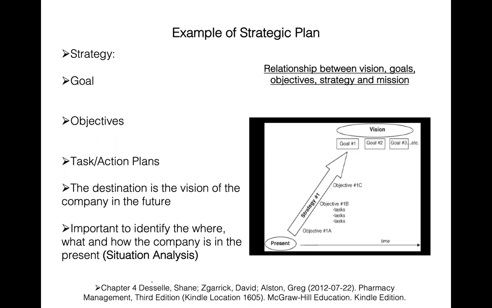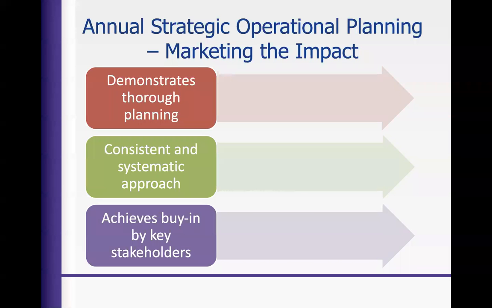Then, under those goals, we should have the objectives that are going to help us achieve that goal. And then we need to come up with the multiple action plan tasks that have to occur for us to meet that objective, that meets that goal. And so this is a constant cycle in developing a strategic plan.